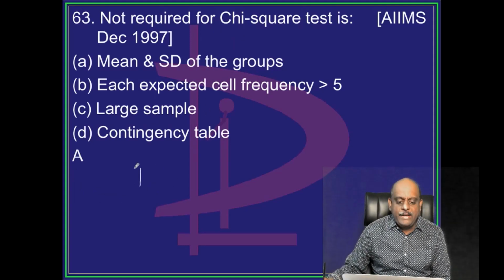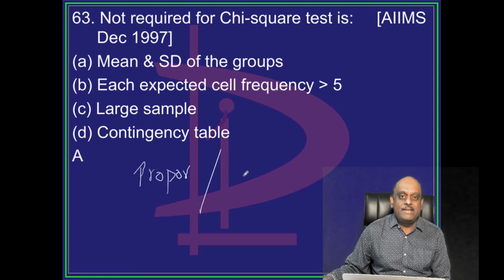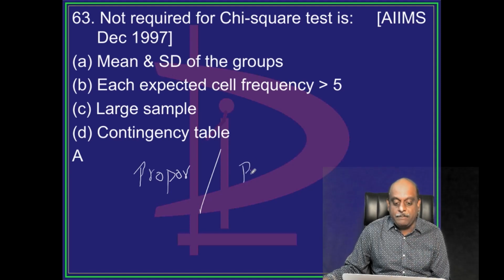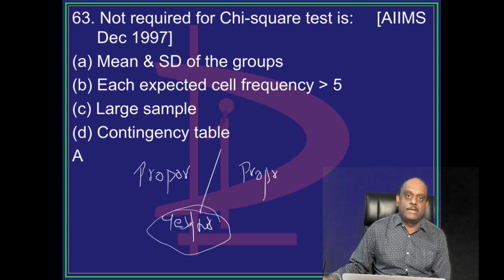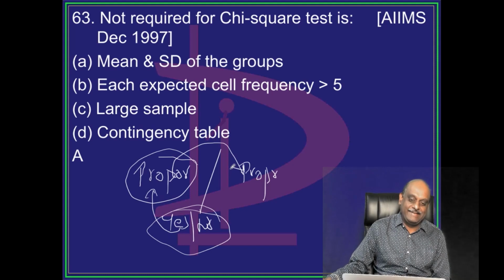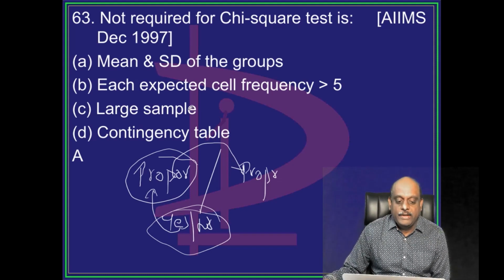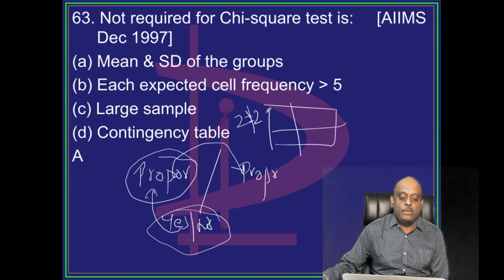So what is not required for chi-square? Chi-square is comparing the proportion in one sample, one population, with the proportion of a dichotomous variable, yes or no. How many said yes, how many said no? The proportion of one population is compared with the other. So it requires a 2×2 contingency table.